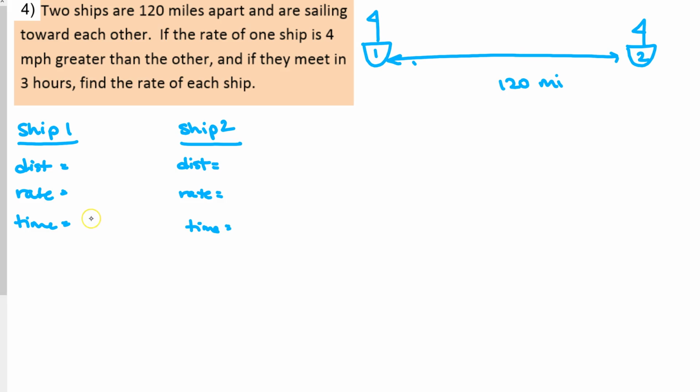They meet in 3 hours, so we can fill in the times, 3 hours for both. Do they go the same distance? Do they each go 60 miles? No, because they're not going the same speed.